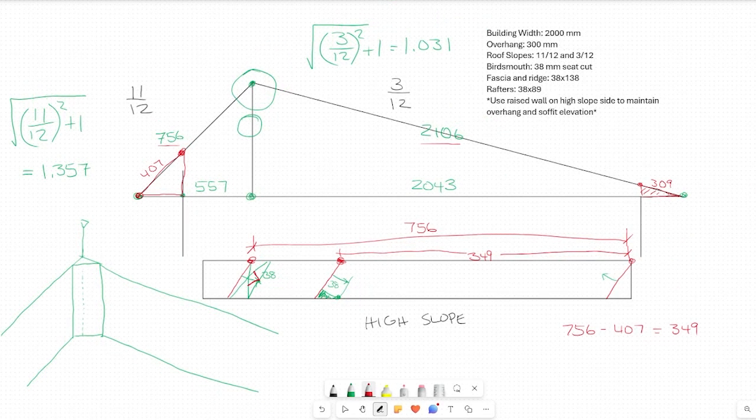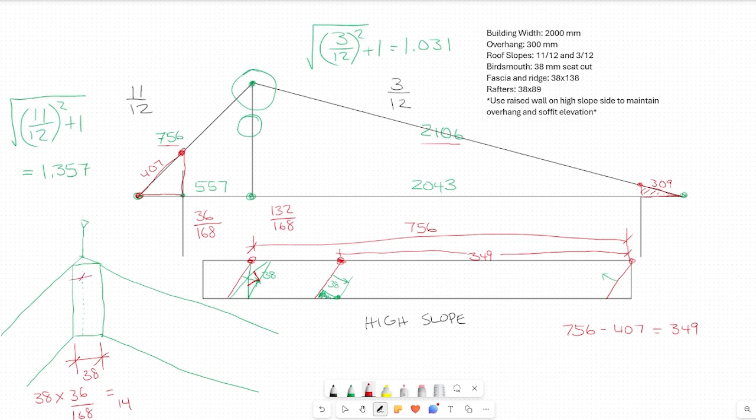And it's from our initial calculations where we said that the left-hand side was 36 out of 168 parts, and the right-hand side was 132 out of 168 parts. So in the same way, since our ridge is 38 millimeters thick, I can multiply 38 times 36 over 168, which leaves me with 14 millimeters.